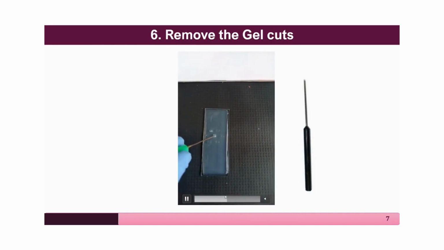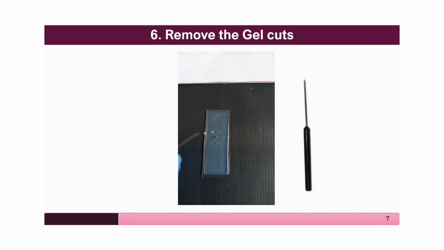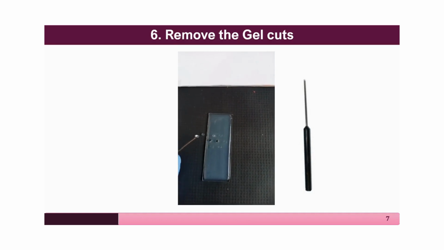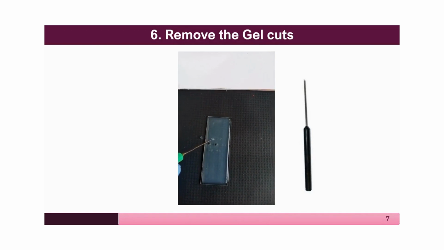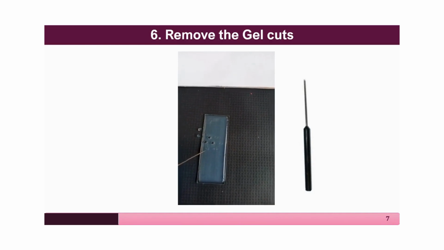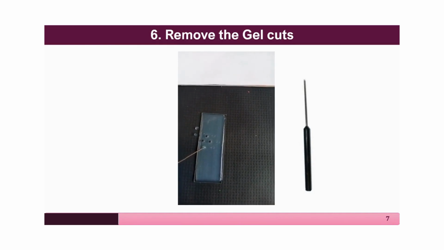Now, as I had told you earlier, if at all the punch has not created the well, you can remove the agarose from the well using the sharp needle without disturbing the agarose. But you need practice to do that. You need to be very gentle, removing the agarose from the well.